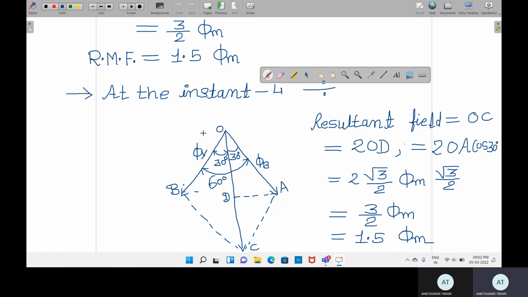So it proves that the magnetic field produced in space by a three-phase system rotates in space at a displacement of 60 degrees. Whenever we give supply to the three-phase system, the magnetic field produced by it will be a rotating magnetic field.